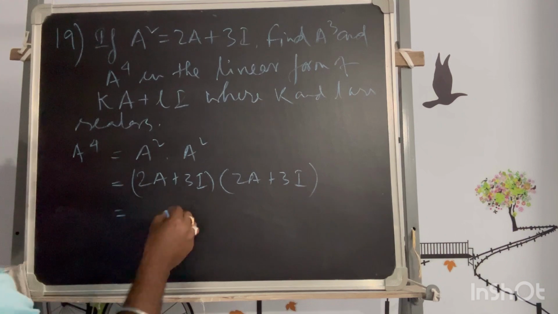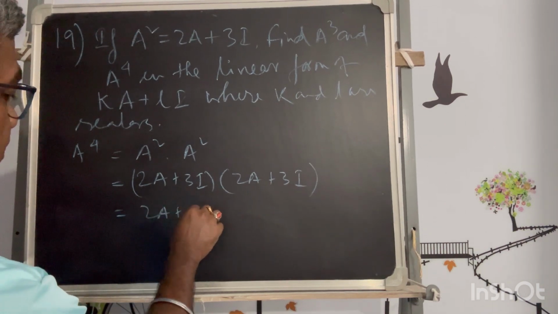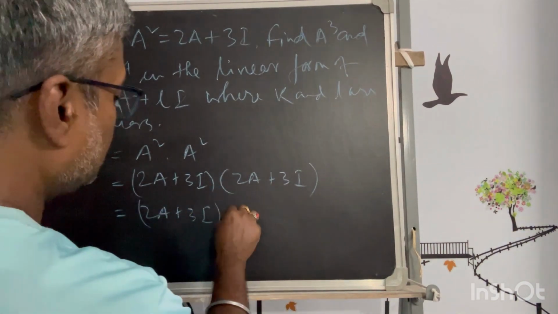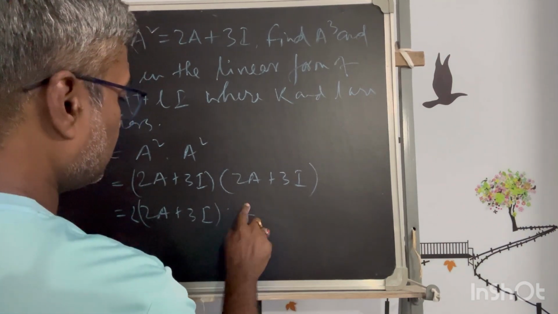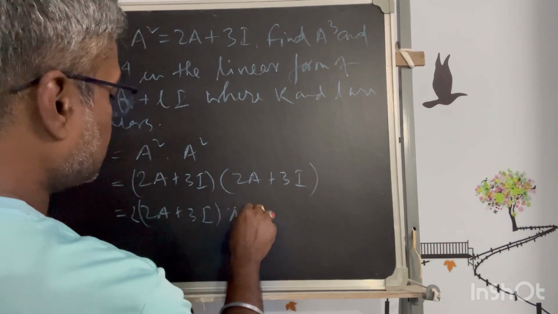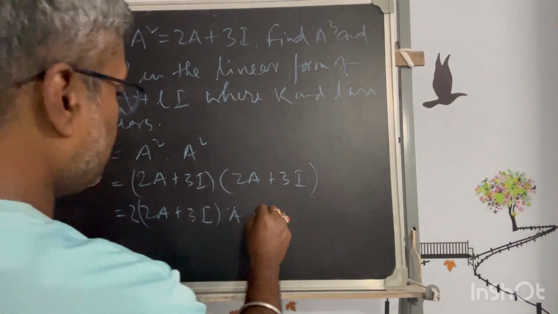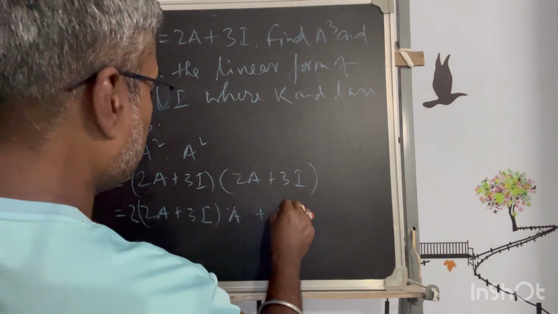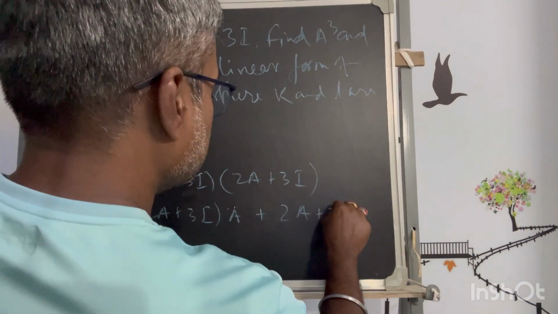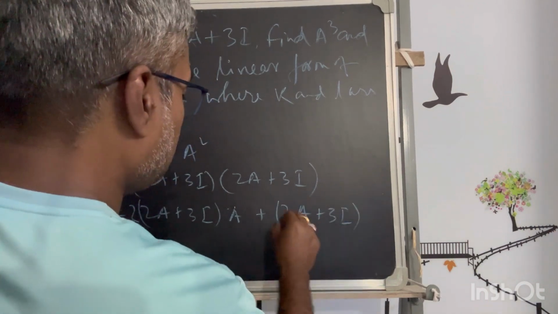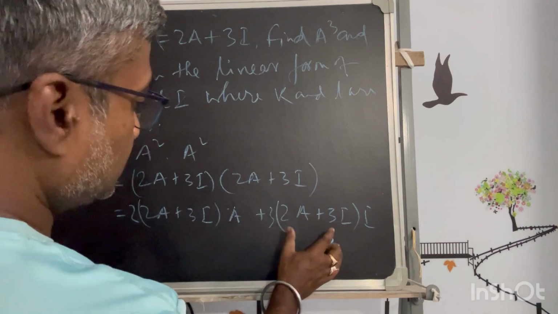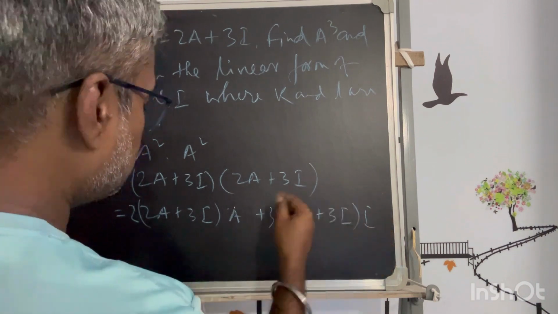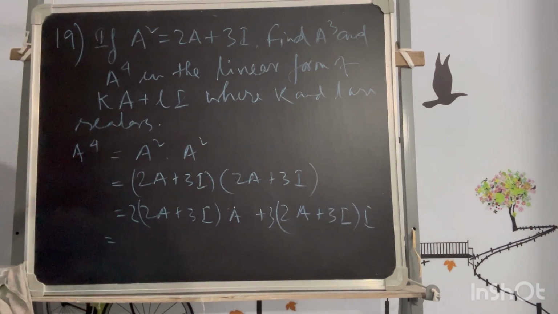Now the same thing will follow. 2a plus 3I, first we will break into 2, and this 2 is a scalar, so it can be placed anywhere. Whether you multiply with this 3 or with this, after doing all the multiplication you will get the same result.